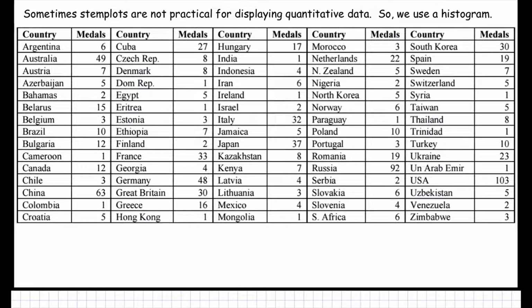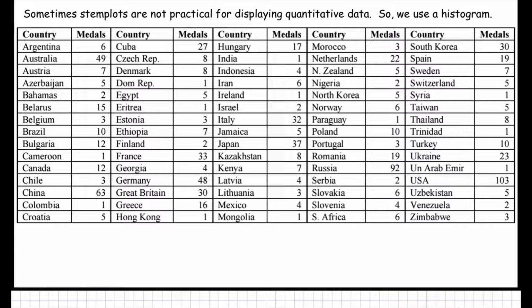So for example, the country of Argentina, in South America, won 6 medals. That's any kind of medal: gold, silver, bronze, for any of the events. Australia, 49. Austria, 7. Azerbaijan, 5. Bahamas, 2, and so on and so forth.